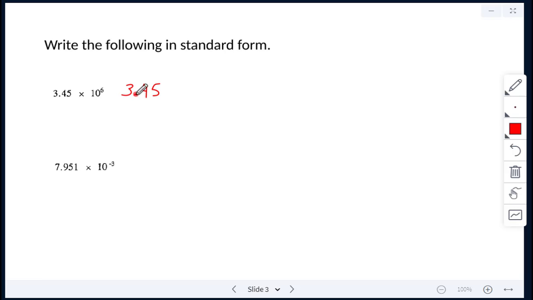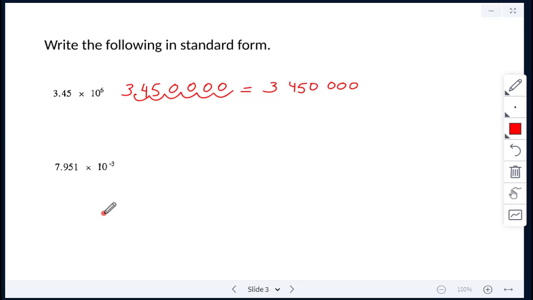So we're just going to work backwards here. So 1, 2, 3, 4, 5, 6, and then just fill in with the zeros, like so. Okay, so basically this is 3,450,000.